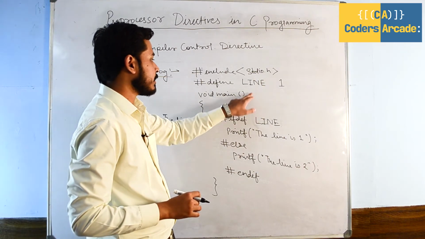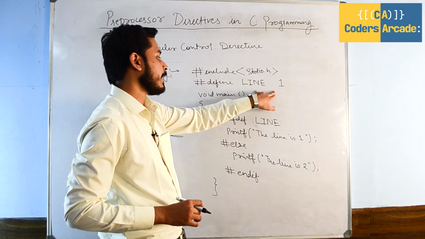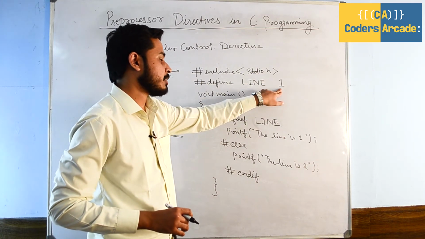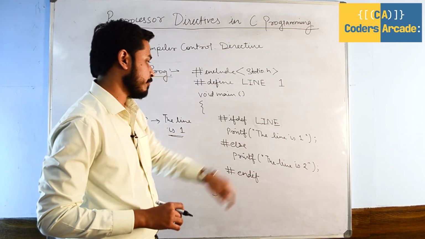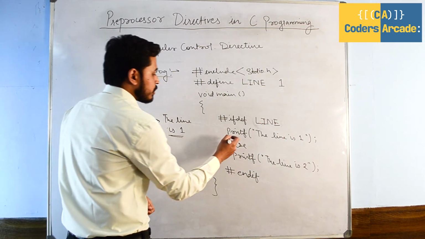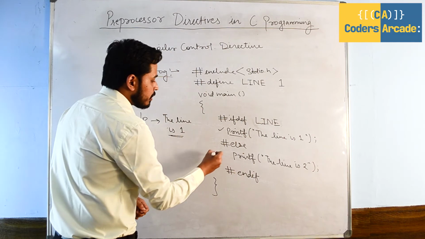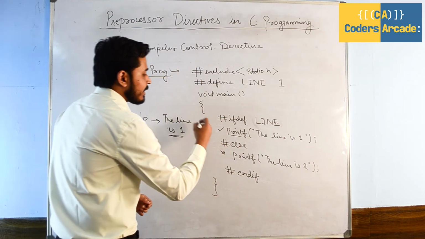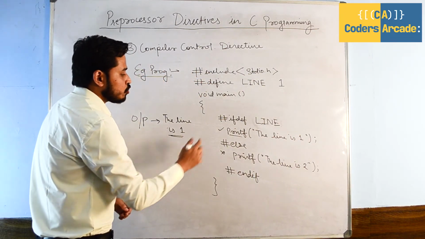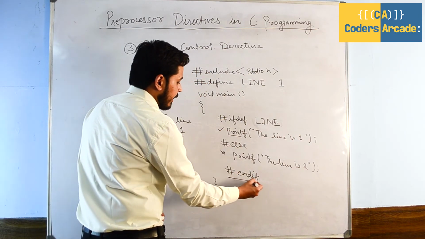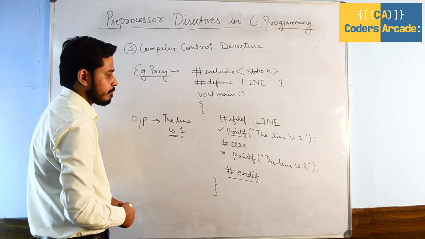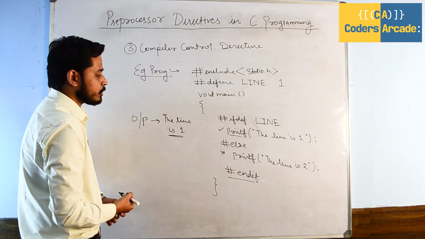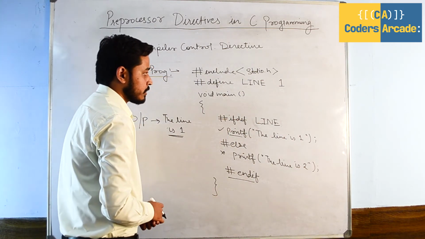Because we swapped the identifier LINE with this predefined string, which is 1. So this will be compiled and executed, but the else part won't be compiled, because our condition is true in this case. It will skip that part and end the ifdef, and the line is 1 will be printed.